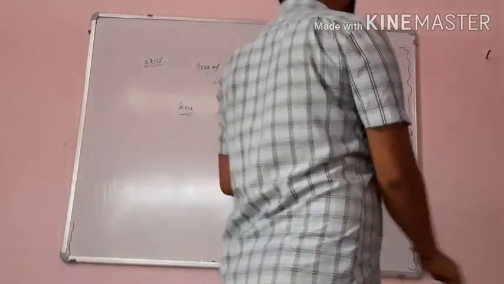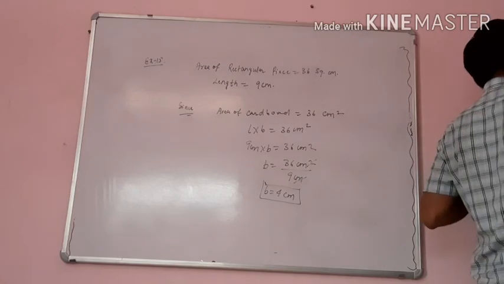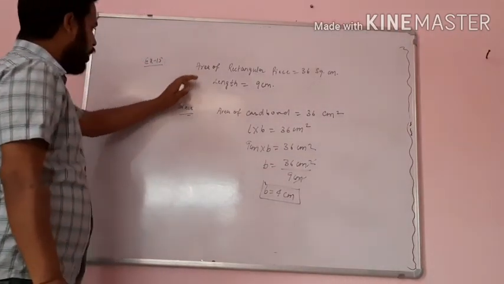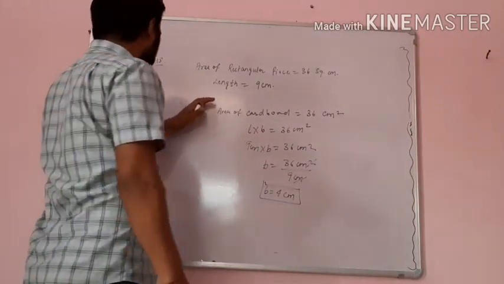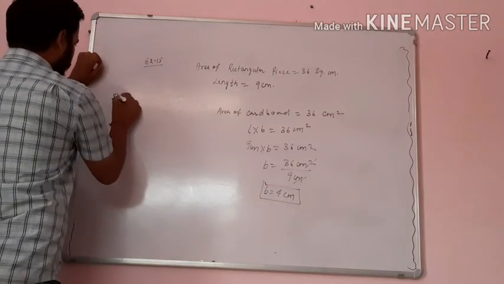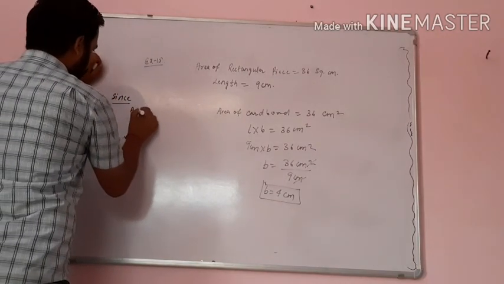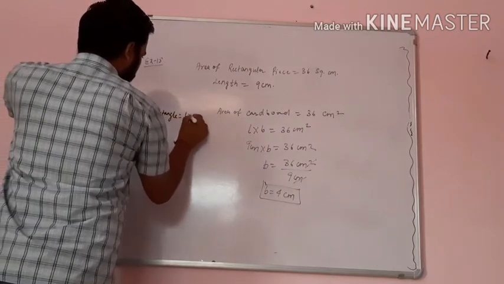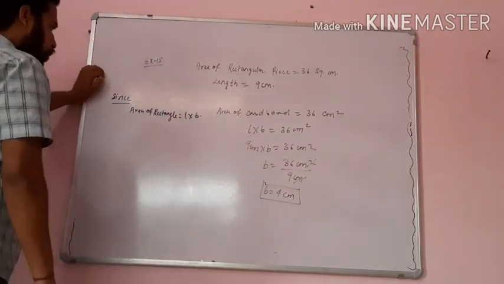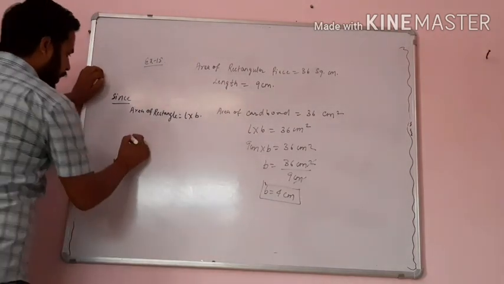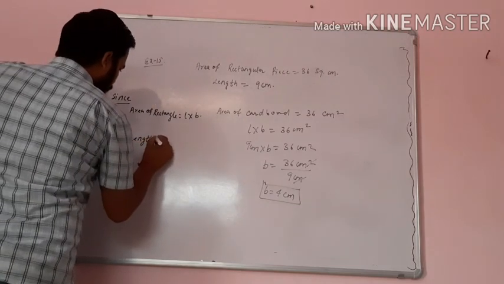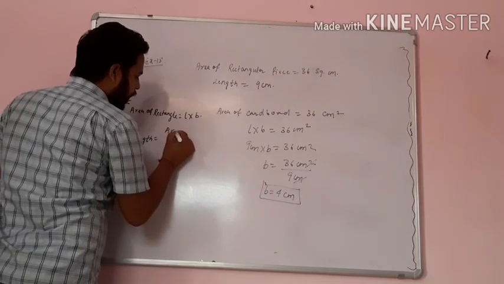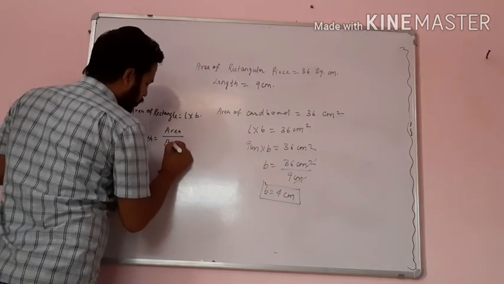We can write a direct formula for finding length and breadth in the case of a rectangle. Since area of rectangle is L into B, the formula for length when area is given will be area upon breadth.